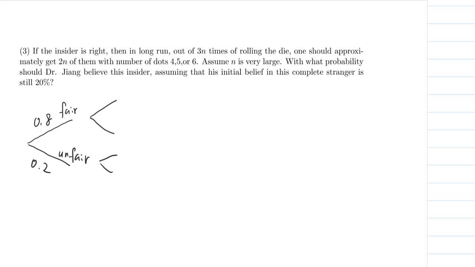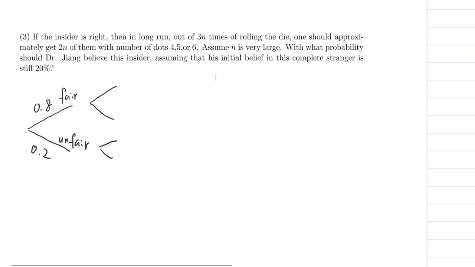Assuming it's fair, we're going to try to see what is the probability we're going to get 2n bigger numbers and 1n small numbers. And this involves a little bit of combinatorics, but we can just write down the results without much explanation. All right, so we're going to write down the probability.